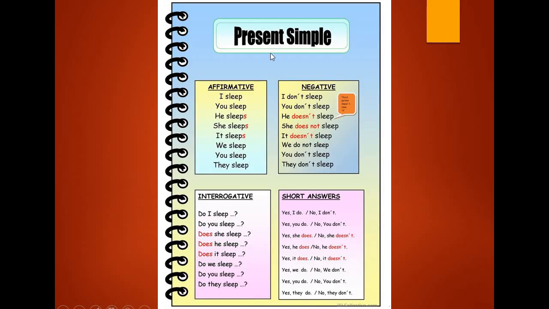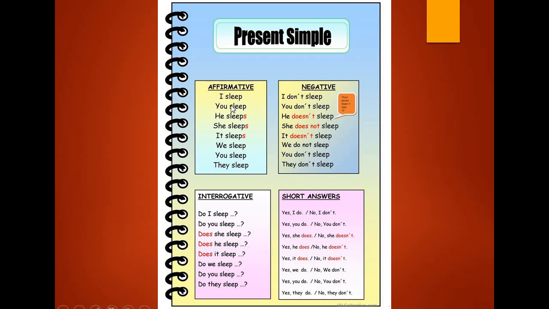What is the present? To remember, the present says something like a daily routine or a habit. The rule says he, she, it, and the singular subject take S with the verb. I, we, they, you do not take S with the verb.